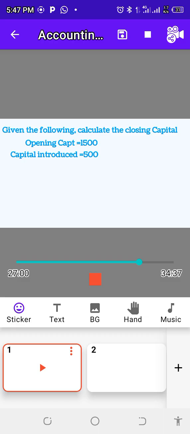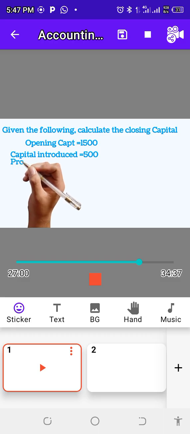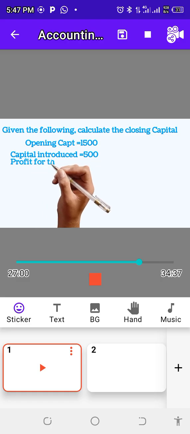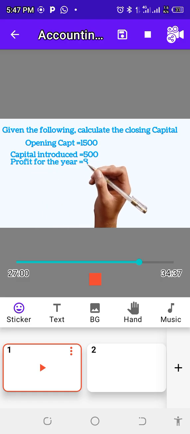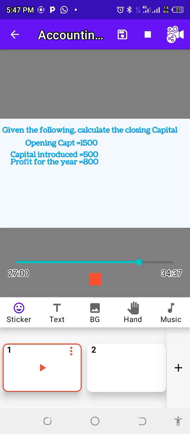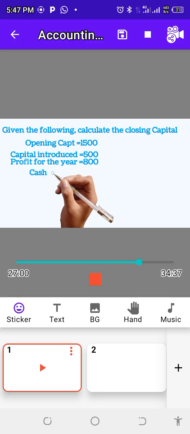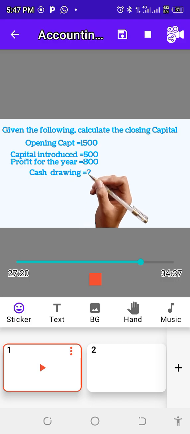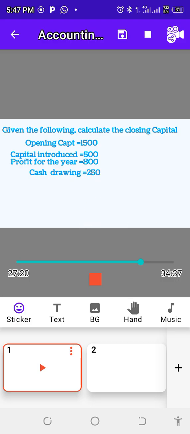Capital introduced is an additional capital. Then profit for the year is 800. Then cash drawing is 250.